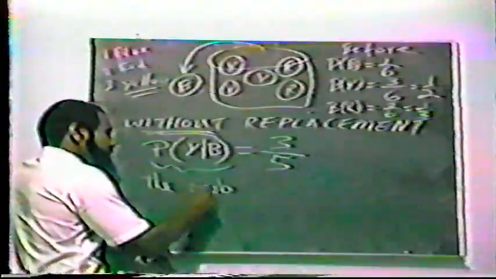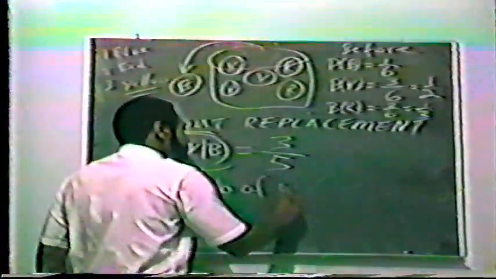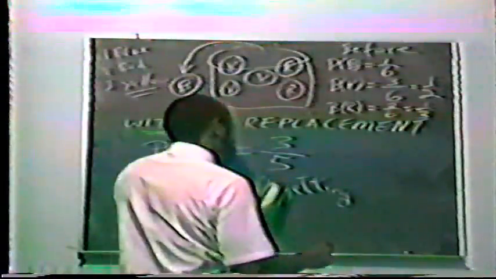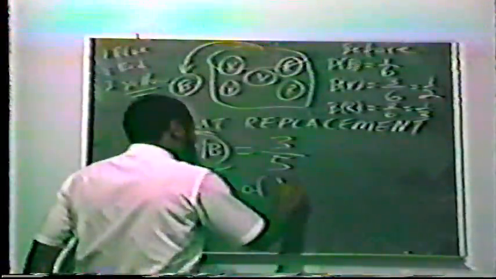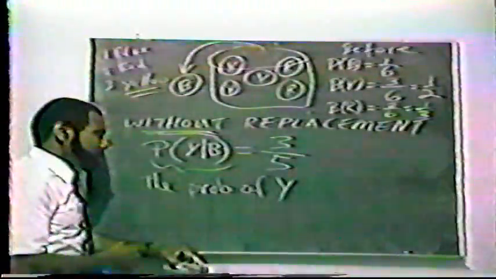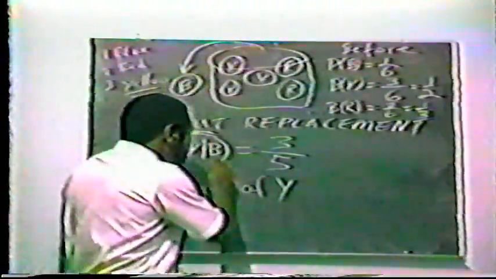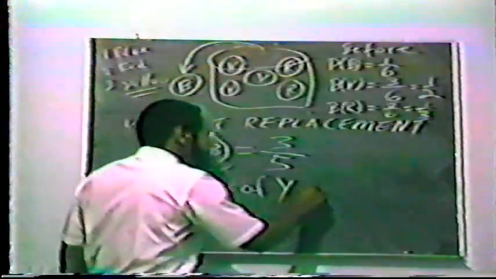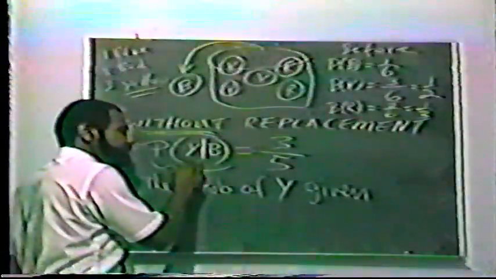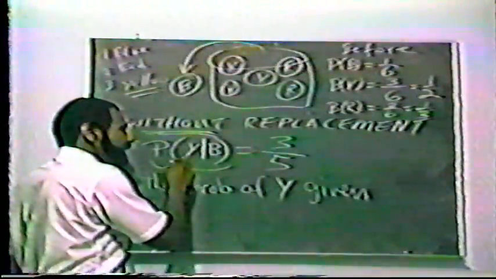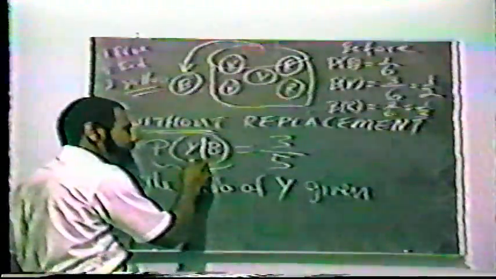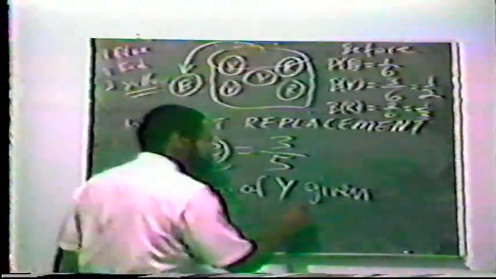Let's just say the probability of Y, and Y means getting a yellow ball. The probability of Y, and the bar here stands for given. That's how the bar is read: the probability of getting a yellow ball given that the first ball was blue.